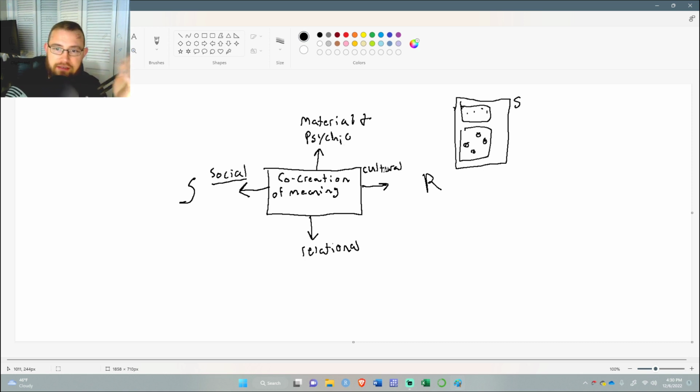Cultural. I mean, this is pretty easy to understand, that cultural context of the meaning that you're bringing out is going to matter, because if I'm saying something to you as a Christian and you are, say, a Buddhist, we may agree on some of those basic tenets of like stoicism, for example, or overcoming adversity and understanding suffering and the existential dread of life, so on and so forth.